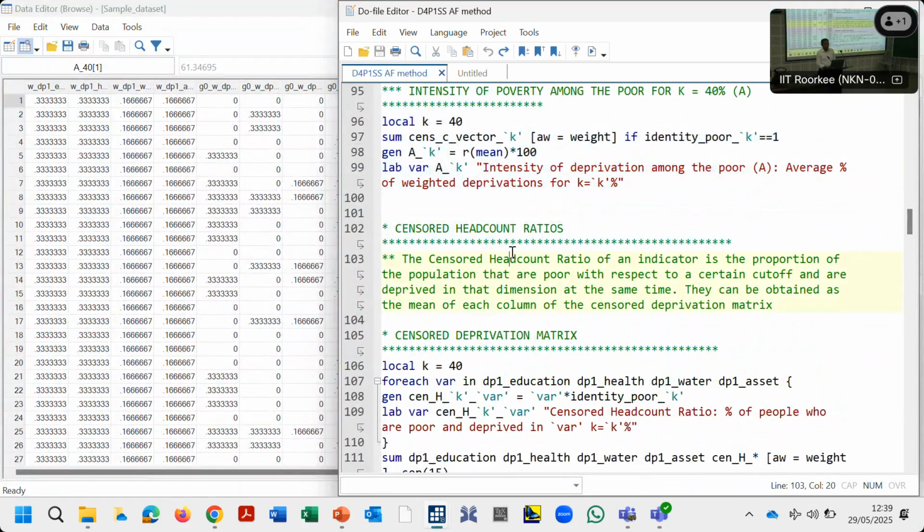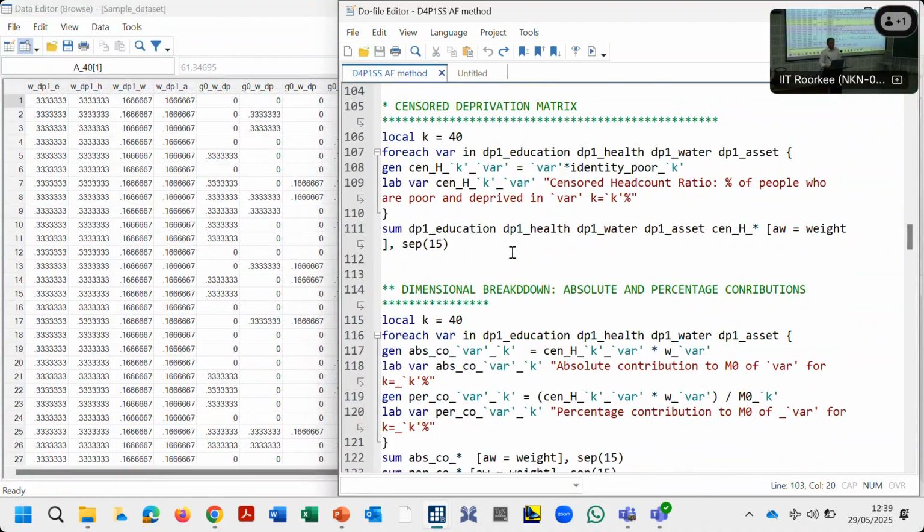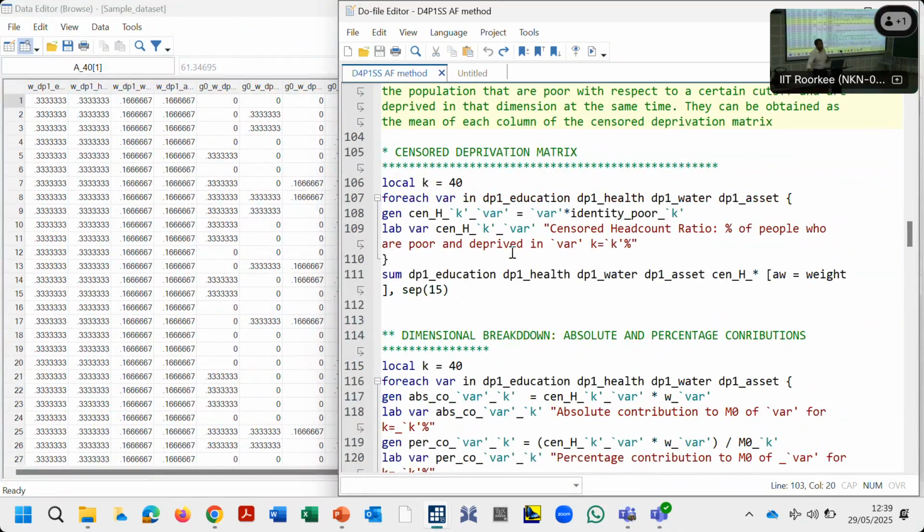Okay, now it comes the censored headcount ratio. Can anyone remind me what the censored headcount ratio is? Yeah, let's work hard together. Why should I work hard only? You have to work hard too.